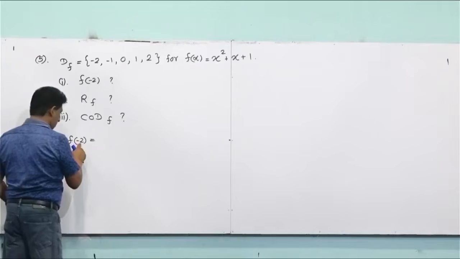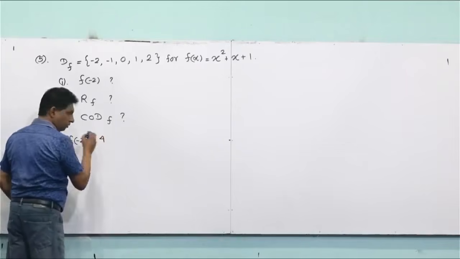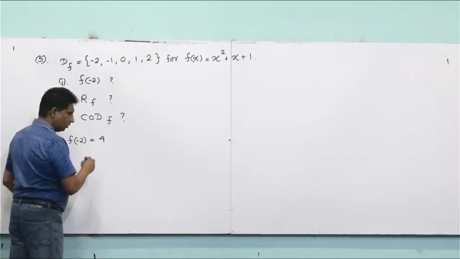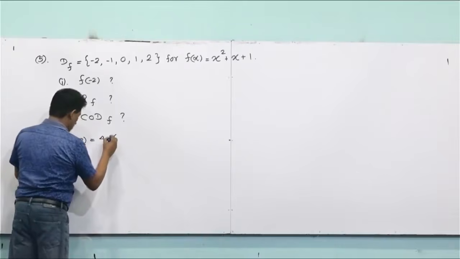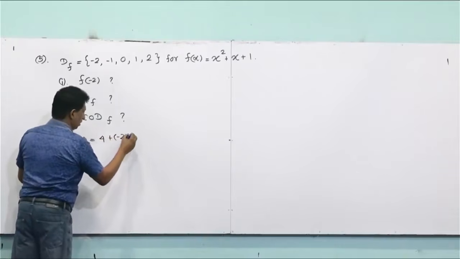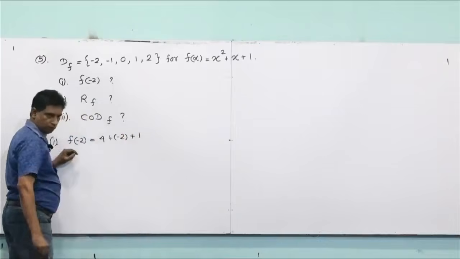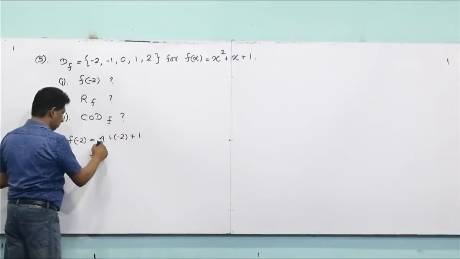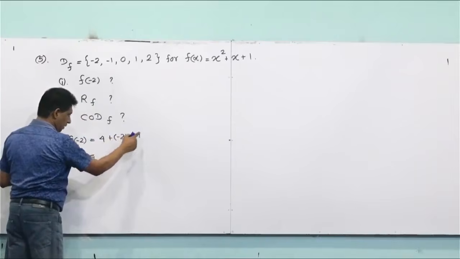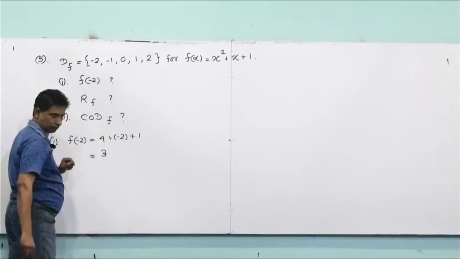If we square minus 2, then positive 1, no? Sorry, positive 4. Then you have to add this one, minus 2. Then you have to add 1. No? 4 minus 2 means 2, 2 plus 1, 3. No? Okay.